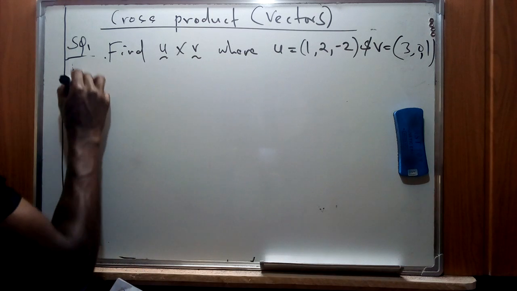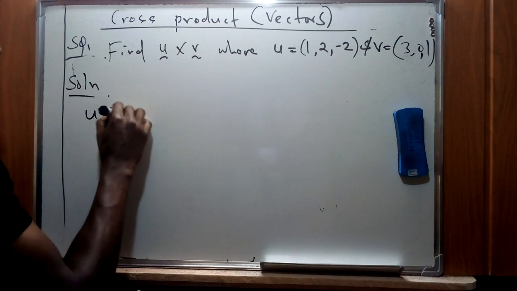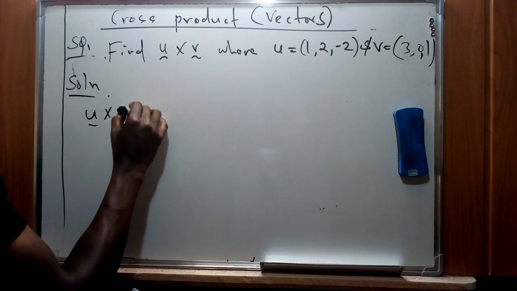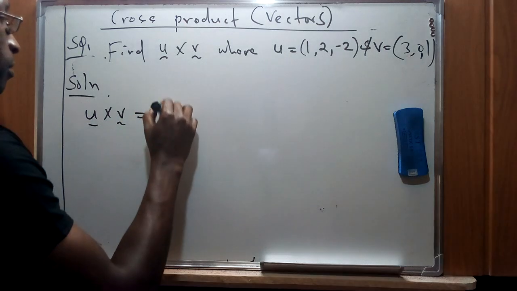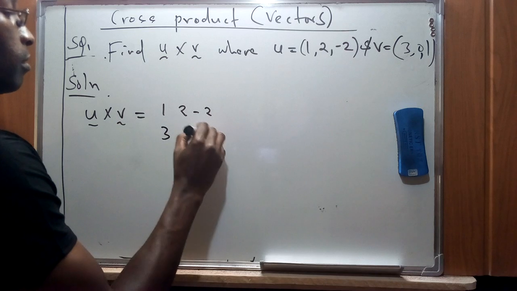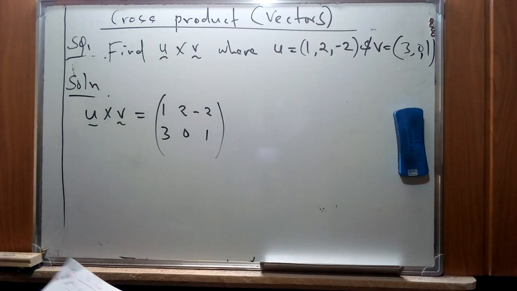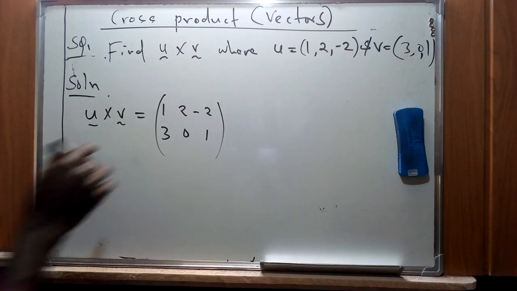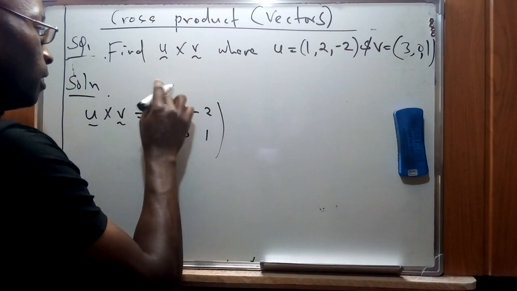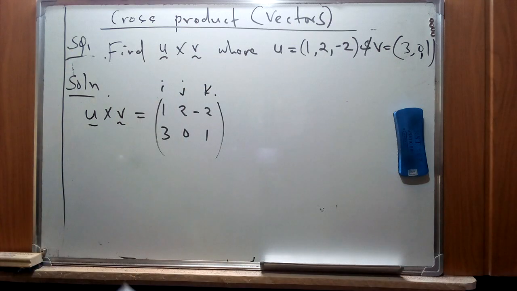Now the solution for this is going to be u cross v, which is going to be represented as the determinant with rows 1, 2, negative 2 and 3, 0, 1. So we're going to use the same approach that we have used in finding the i, j, and k by ignoring the first column.